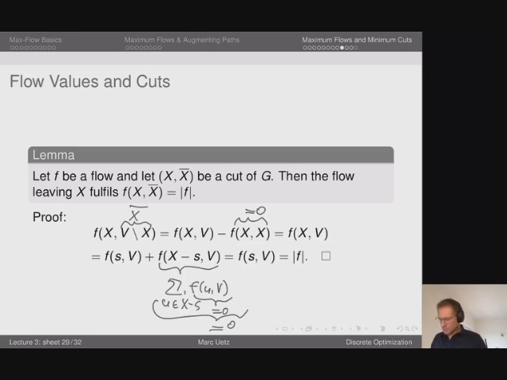So that means we end up with the flow from S to V, which is just exactly the value of the flow.